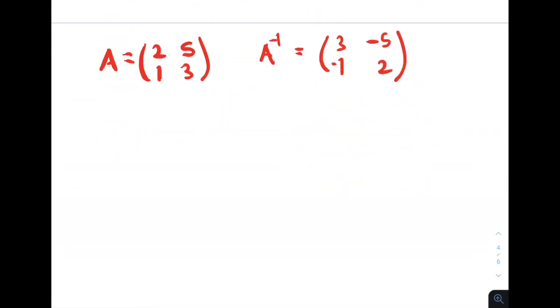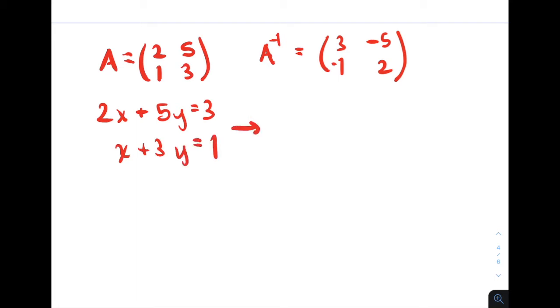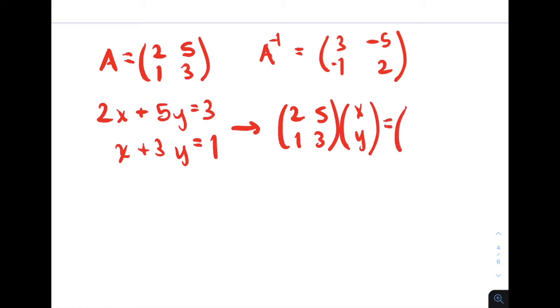In the context of system of equations, if we were given the system 2x plus 5y equals 3 and x plus 3y equals 1, then we could represent this as the system 2, 5, 1, 3 times x, y equals 3, 1.